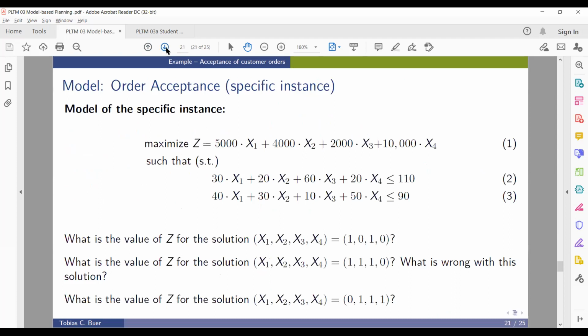If we do order number 4, then we increase our profit by 4,000. And recall, x was a decision variable, and x can only have the value 1 if we accept the order, or the value 0 if we reject the order.